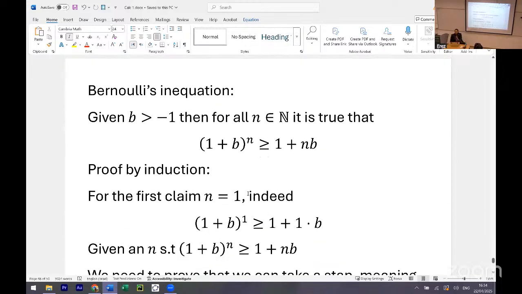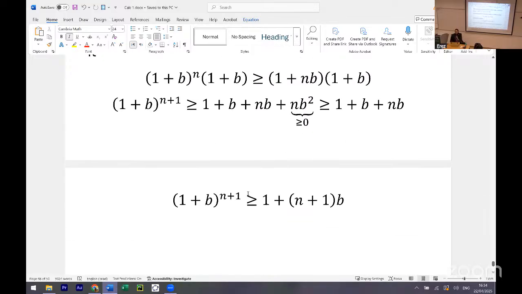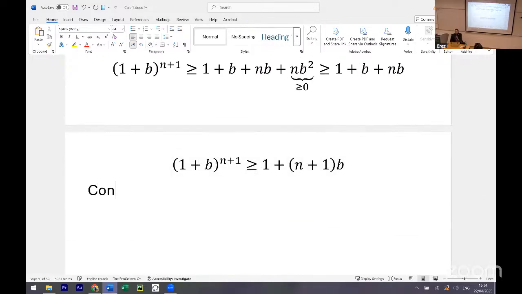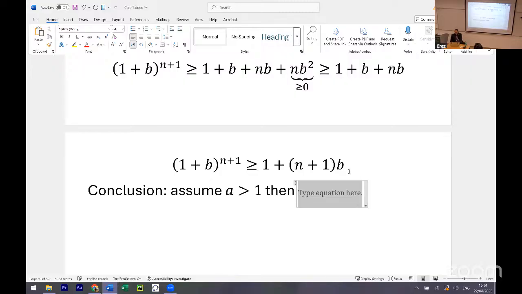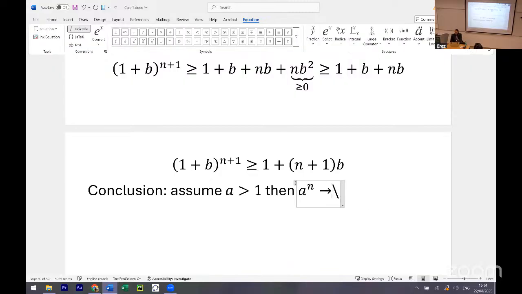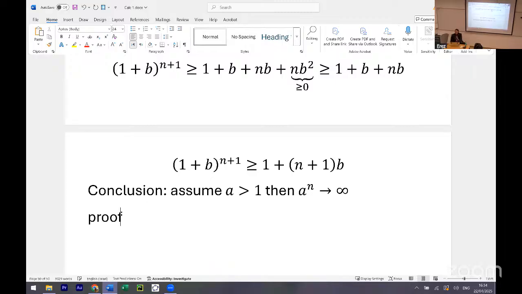Okay, so therefore, conclusion: assume that a is a number larger than 1, then a to the power of n goes to infinity. Why is that a conclusion? I will prove the conclusion.